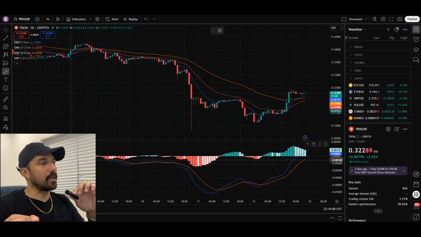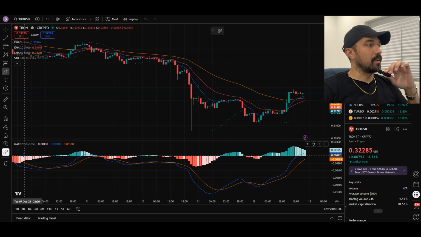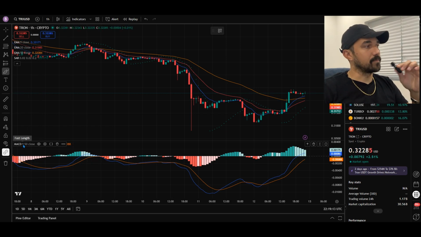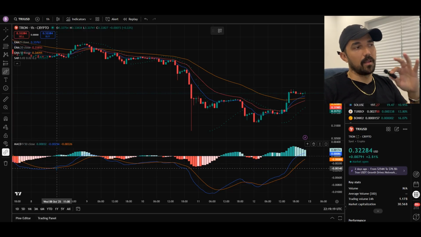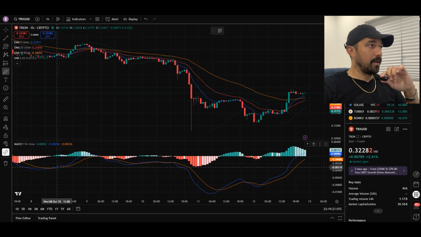it's a trend indicator that shows you the relationship between two EMAs, right? So right now I have it set for fast length, it's going to be the 9 EMA, the shortest one, and for my slow length, it's the 50-day EMA. So it's showing the relationship between the shortest EMA and the longest EMA, right?